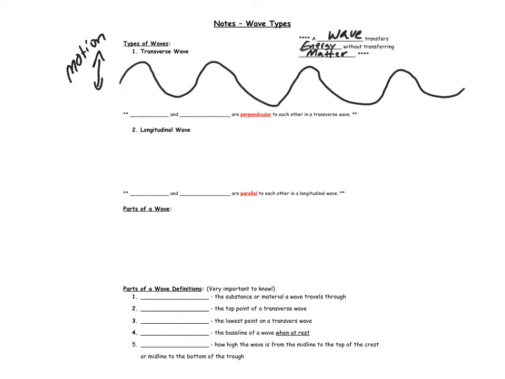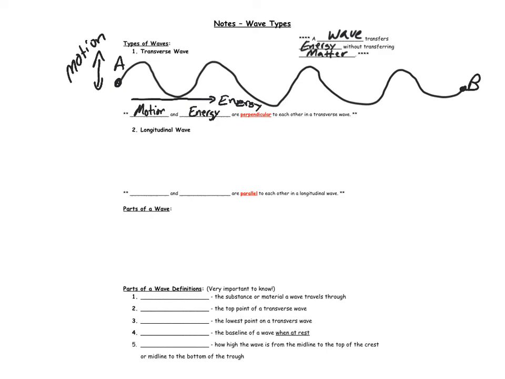But the important thing there is that the motion is up and down or side to side, and the energy is going to be transferred along a path of the medium. So it's going to be like if this is point A and this is point B, the energy is being transferred from point A to point B, but motion is going to be up and down. And so in a transverse wave, motion and energy are perpendicular to each other.